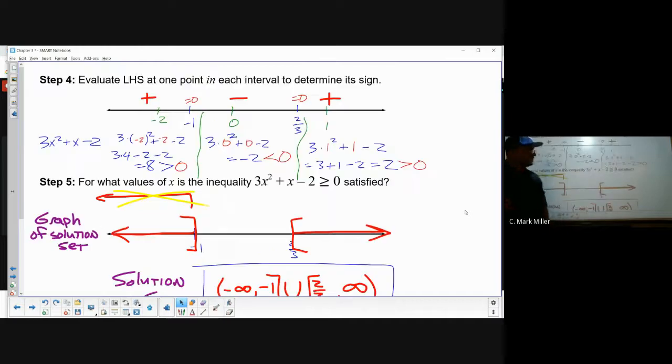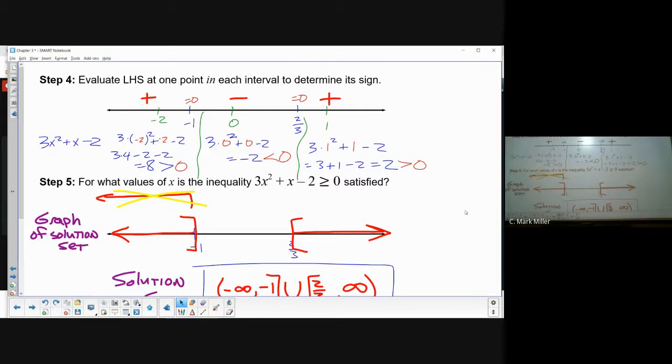So the equal to gave us these square brackets in this case. When it's an equal to, you may not have all square brackets. You've got to keep track of what's happening at those points. For example, at these 2 points, they were both equal to 0, and so they're included. We have an example coming up where some will be included and some will not be.